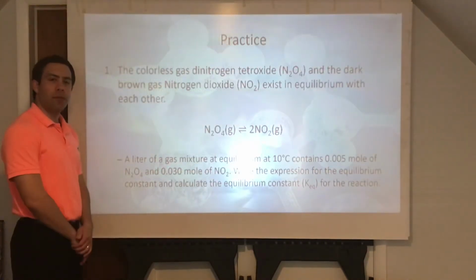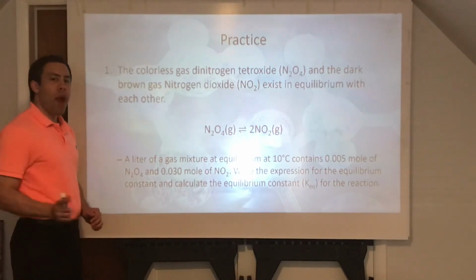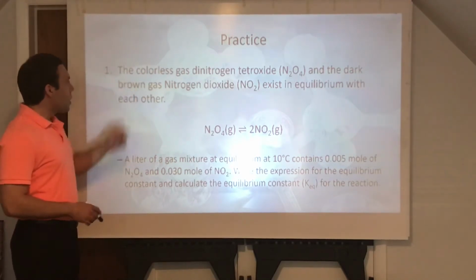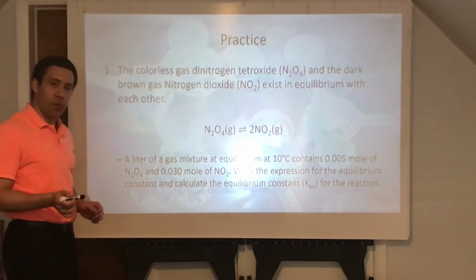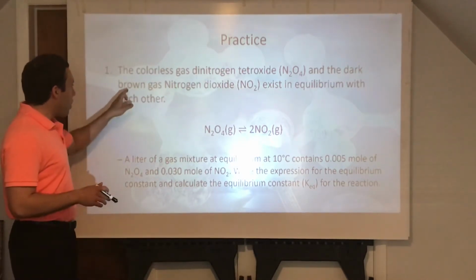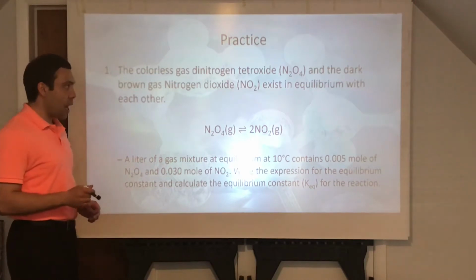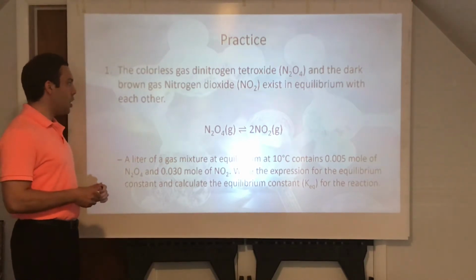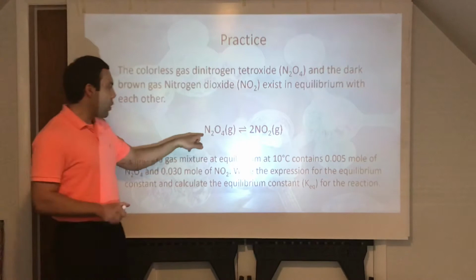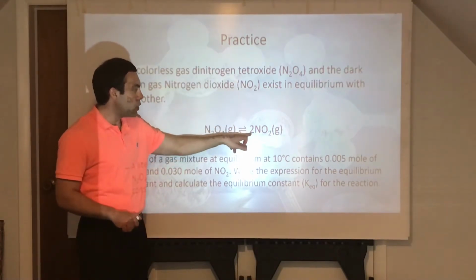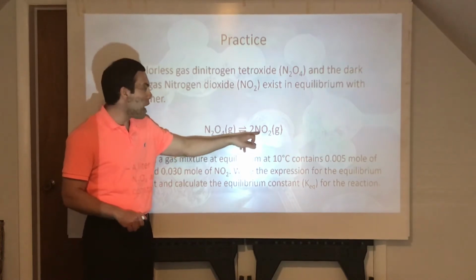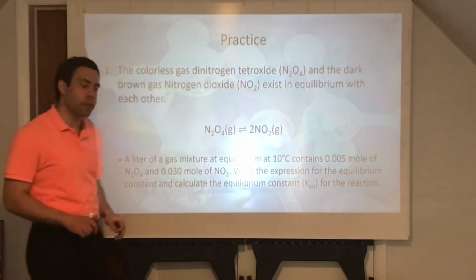Let's do practice problem number 1 together. Practice problem number 1 states the colorless gas dinitrogen tetroxide, N2O4, and the dark brown gas nitrogen dioxide, NO2, exist in equilibrium with each other. Here's the equation. N2O4 gas, at equilibrium, goes to 2 moles of NO2 gas.